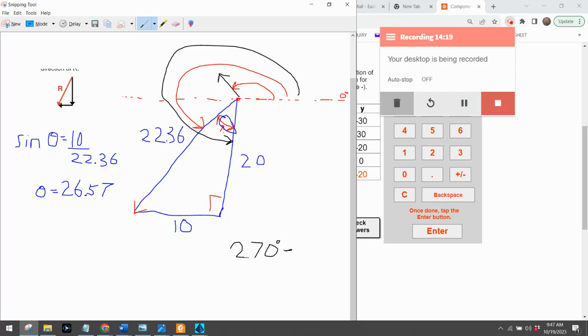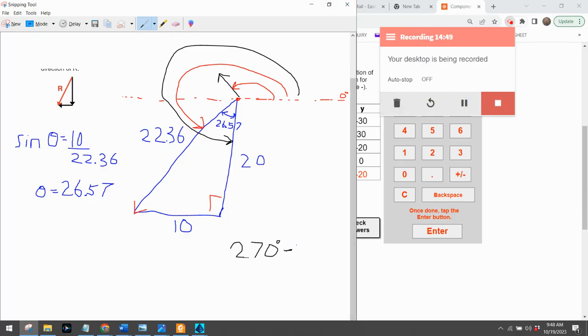And that means this angle right there is 26.57. I apologize, it's very difficult to write with this. I had much neater ones drawn on the board when I showed everybody this in class, but some folks I don't think saw it. So there you have 26.57 would be that angle.